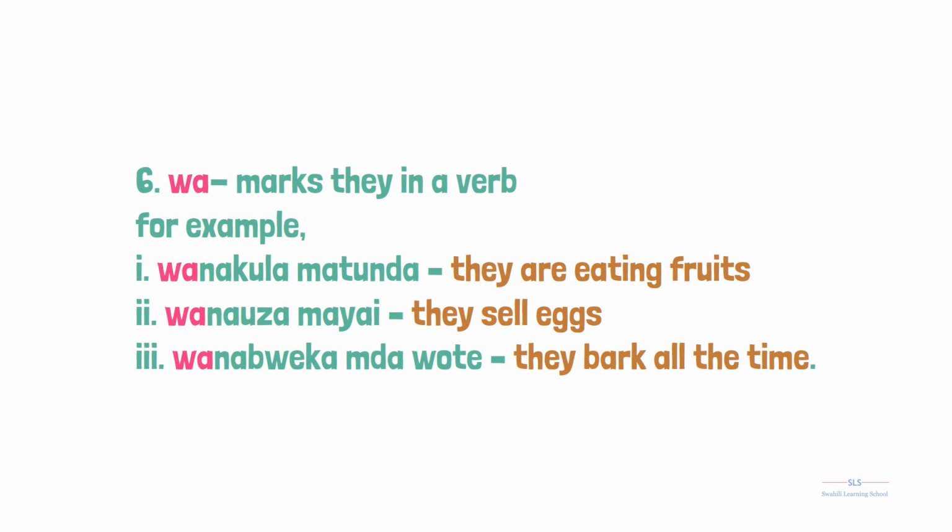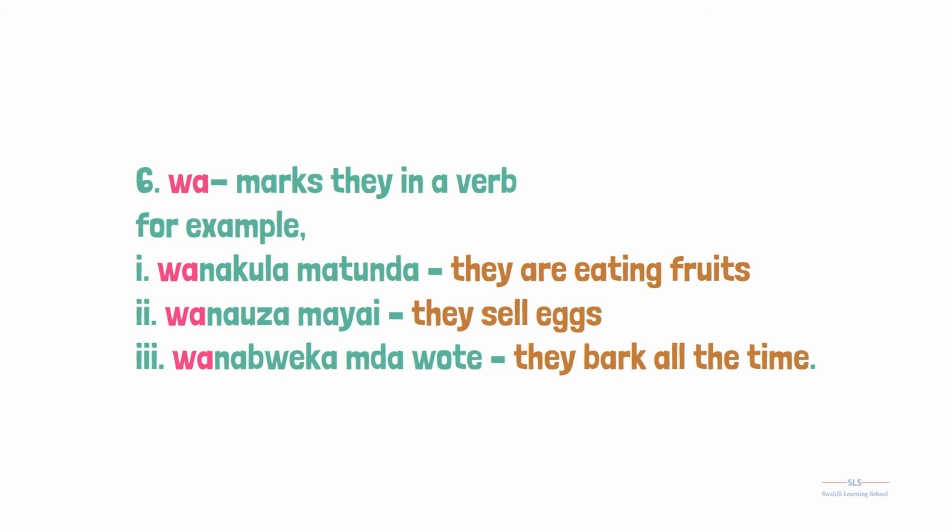And we have suffixes. Suffixes are those morphemes which appear after the root of the verb. So here we are talking about prefixes, those which are attached before the root of the verb.